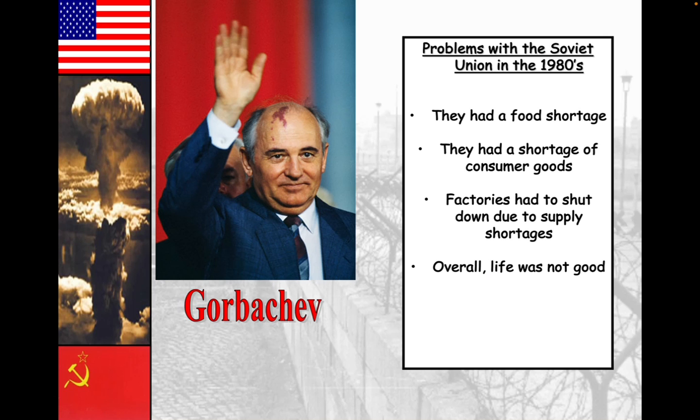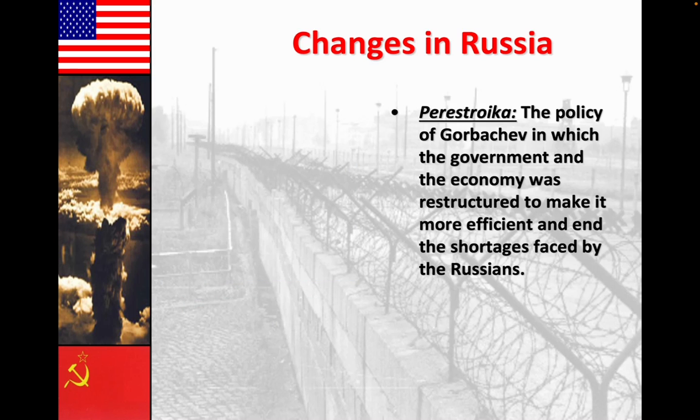Now, the Soviet Union, behind the scenes, had been going through some pretty significant problems. They had a food shortage. They had a shortage of consumer goods. Factories had shut down, and overall life was not good. And the people were beginning to grumble. So Mikhail Gorbachev begins to make some changes. The first change is called perestroika.